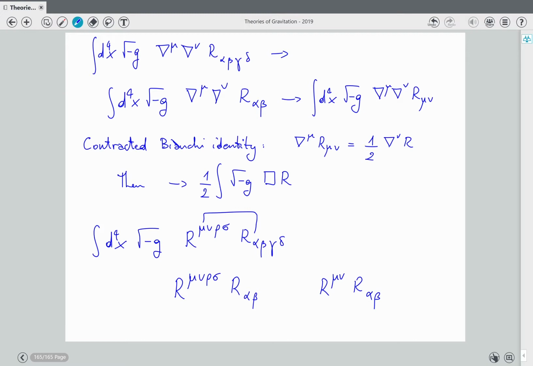We can choose the first and the first. And then when the first two are contracted, for the second one, you have two choices. You can contract the second one with the second one, or the second one with one of the last two, because there is anti-symmetry in the last two, so you will have equivalent results if you contract the second one with gamma or delta. So from that we have two possibilities.